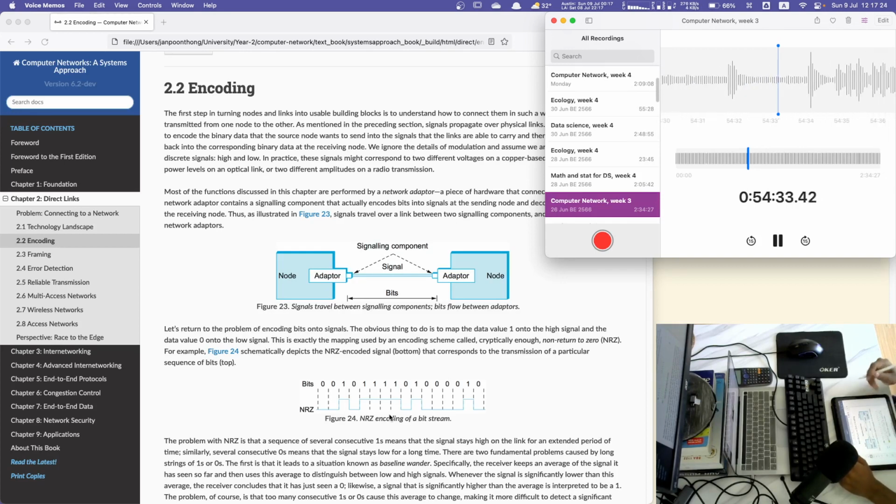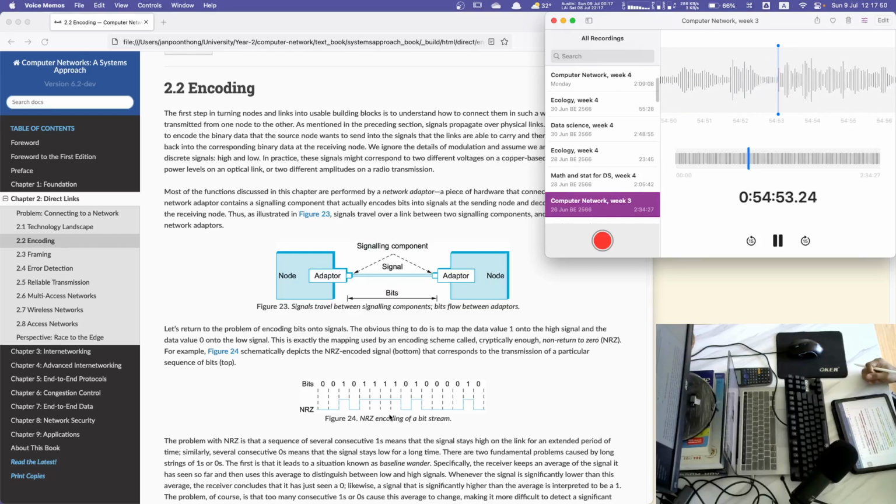But this type of data transmission encoding has a problem. You see, too many 1s and too many 0s. How does the receiver identify this? So there is a problem with non-return to 0 encoding.